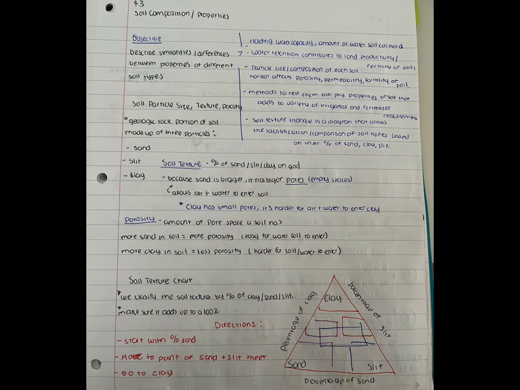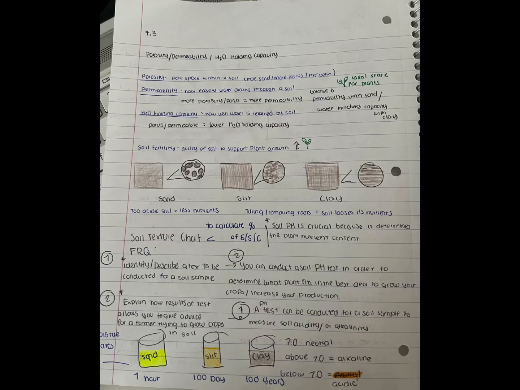Then we have 4.3, which is the porosity and permeability of H2O, and water holding capacity. So we have porosity, the pore space within soil: more sand, more porous, more permeability.